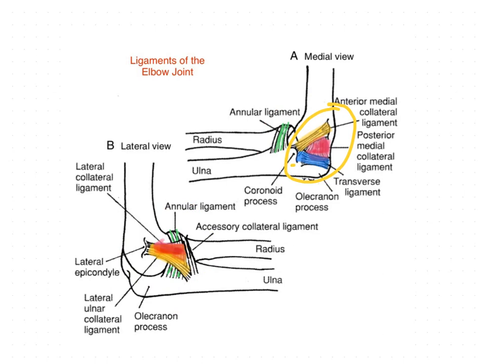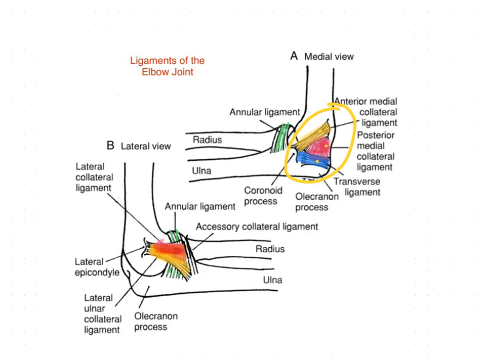Now coming to the posterior part. This one is the posterior part. The posterior part stretches from the medial epicondyle to the medial margin of the olecranon process, which is present on the posterior aspect. Now coming to the middle part.